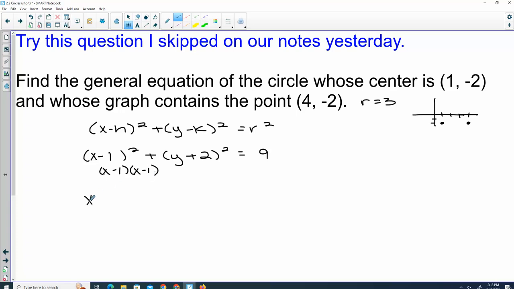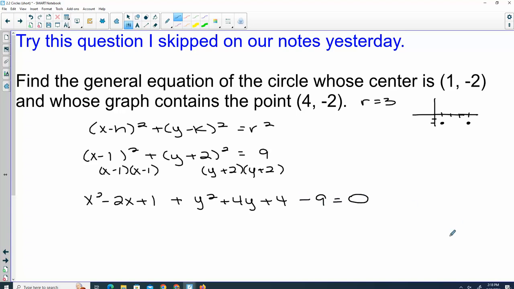So that would give me x² - 2x + 1. If I have my (y + 2) twice, y² + 4y + 4. And we need it equal to 0, so I'm going to subtract over my 9.